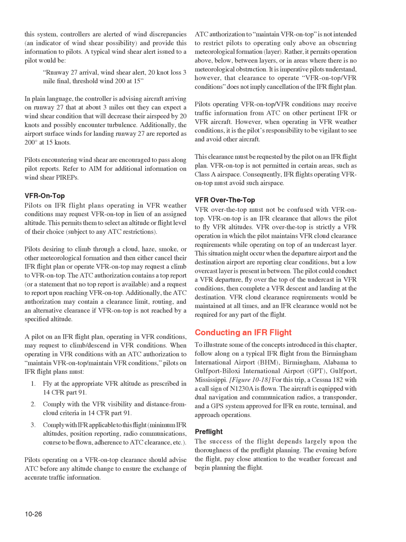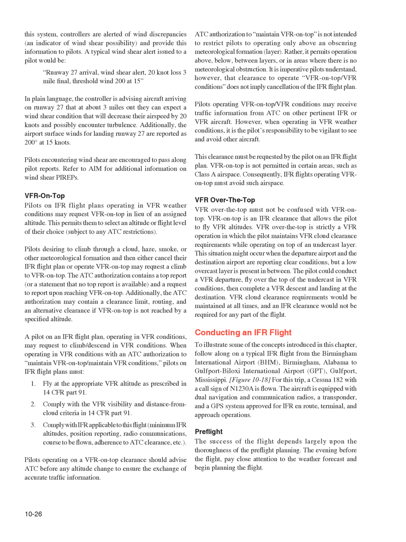Pilots operating VFR on top/VFR conditions may receive traffic information from ATC on other pertinent IFR or VFR aircraft. However, when operating in VFR weather conditions, it is the pilot's responsibility to be vigilant to see and avoid other aircraft. This clearance must be requested by the pilot on an IFR flight plan.